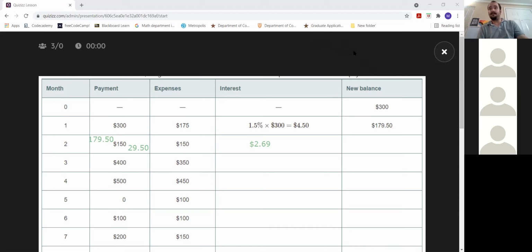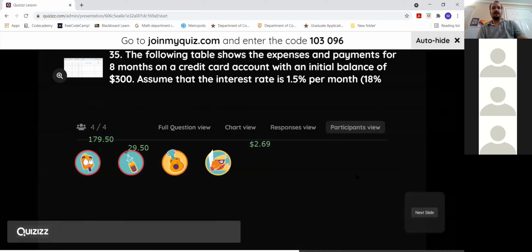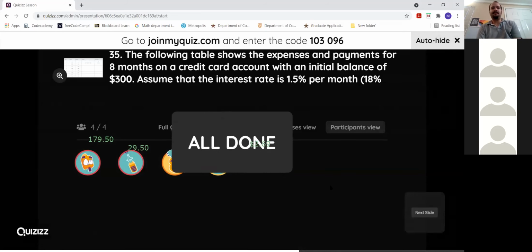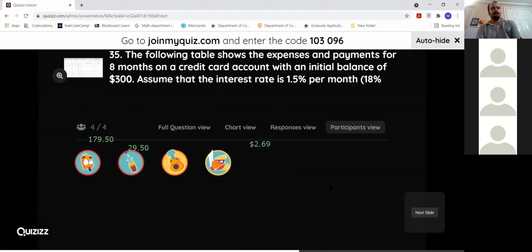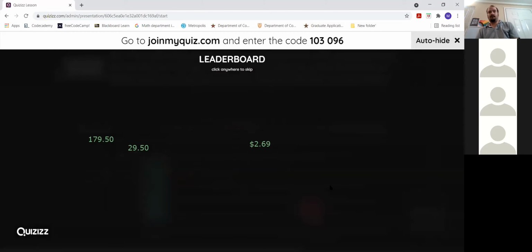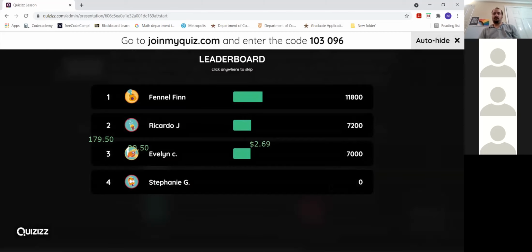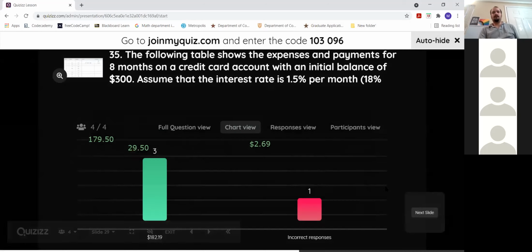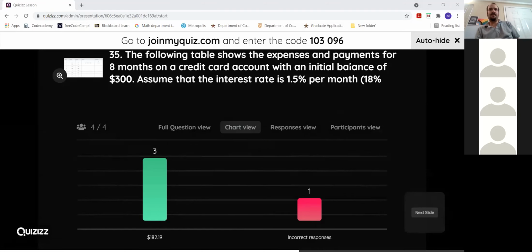Okay, so where are we at? Adding three numbers together. Should be able to do that. Let's do it. Okay. And it should be 182.19 if we add those three numbers together.